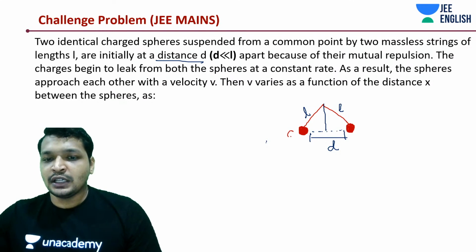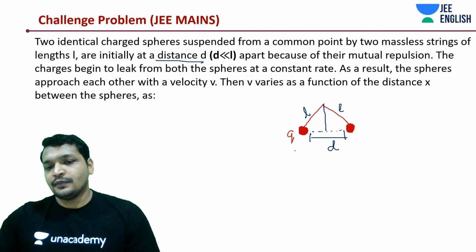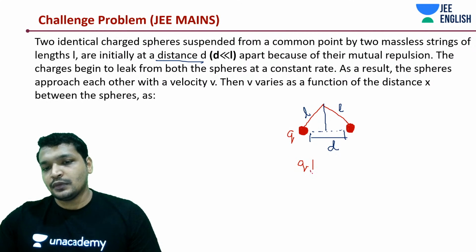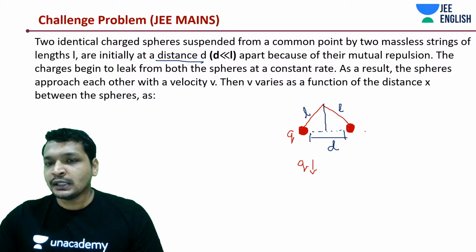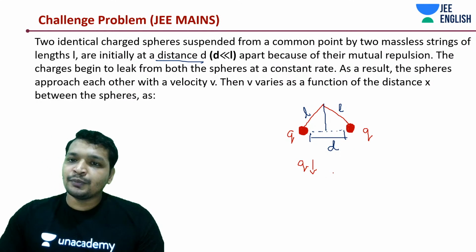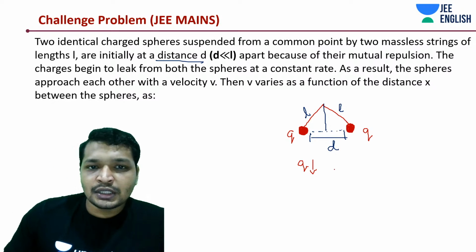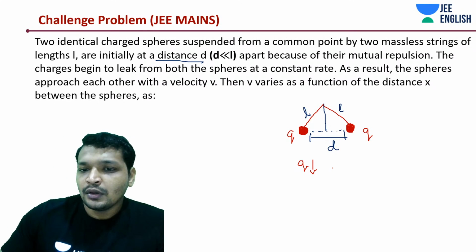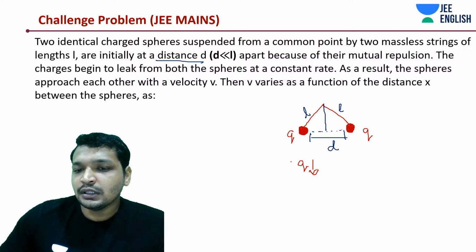Now the thing is, as this value of charge decreases, let's say the Q decreased, what happens to the electrostatic force? Both are leaking, I guess. Okay, both are leaking. The Q is decreasing, they're identical charges, both are leaking. If the Q is decreasing, what will happen to the electrostatic force?